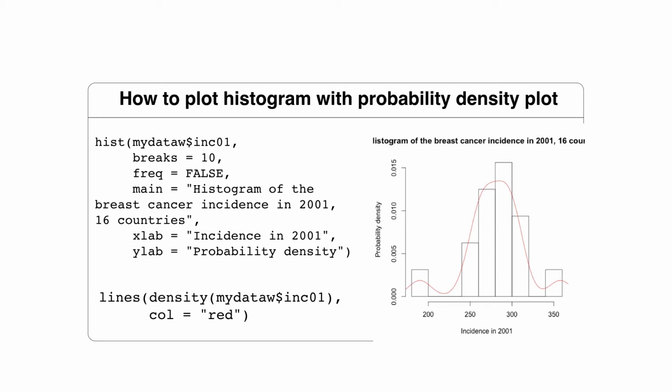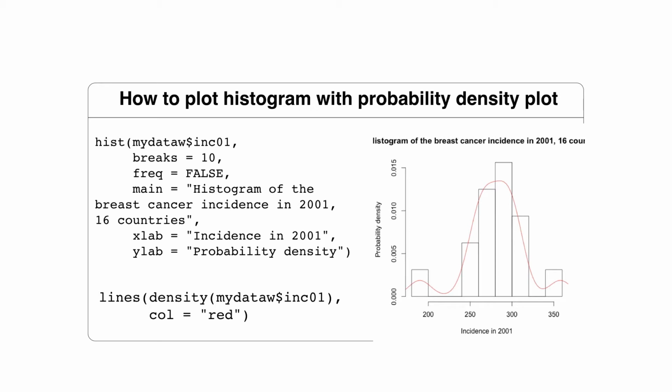There are a few options that are very important. For example, in a histogram, you need to give breaks, which means into how many different bars, sections or divisions you're going to break this particular data set's distribution. I could have asked to plot the frequencies for each of these 10 divisions, but I decided not to use frequencies. I'm going to use the probability density because I'm also interested in taking a look at the density plot. So I set freq, or frequency, to false.